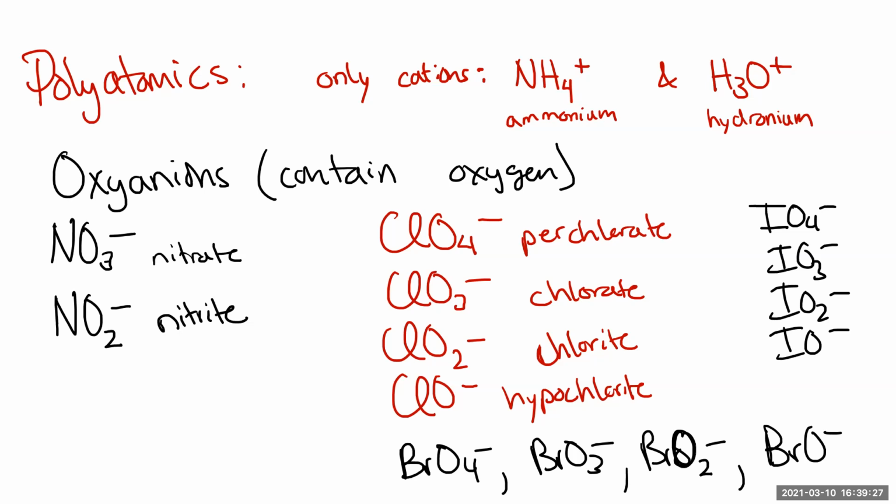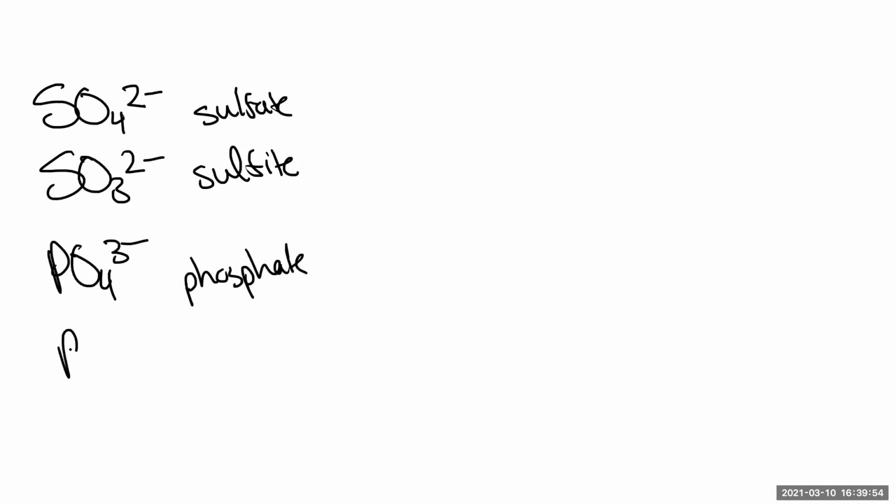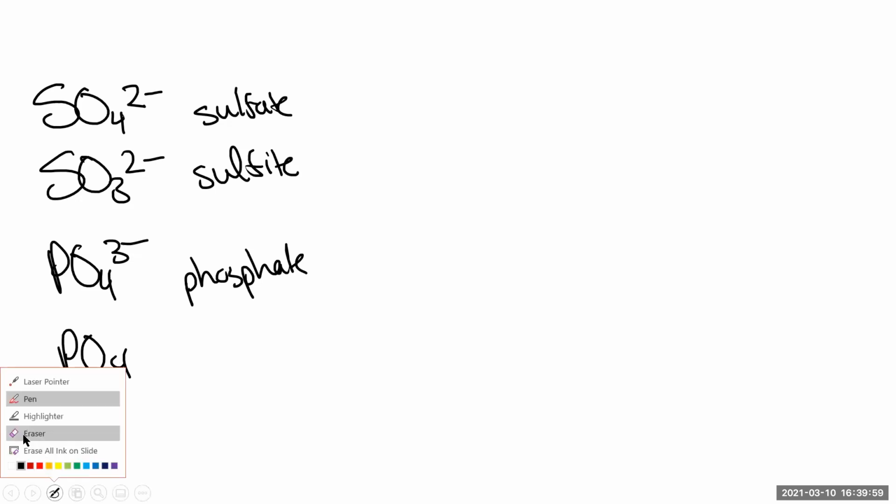A few more polyatomic anions. You've got the ones that are based on sulfur, SO4 2 minus, sulfate, SO3 2 minus, sulfite. Still with me? I hope so. You've got PO4 3 minus, phosphate. As you can see, the pattern is the change in number of oxygens.